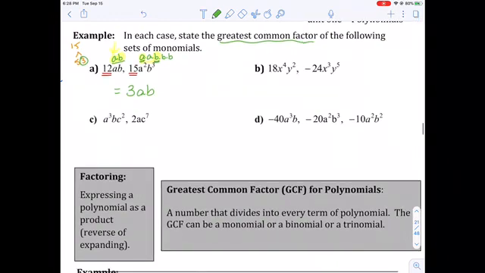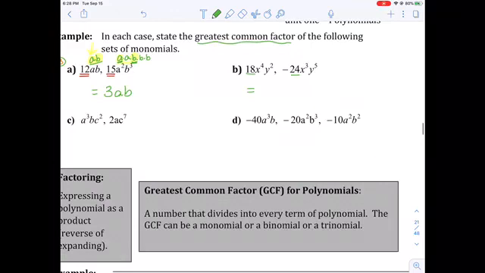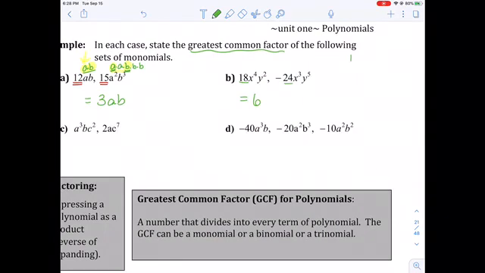All right, let's look at question B, 18 and 24. If you're not sure, you can draw out a factor tree, but some of us may know that 6 will go into both of those. I can do my 18 here, and that's 6 times 3 and 3 times 2, and then 24 was 8 times 3, 4 times 2, and 2 times 2.